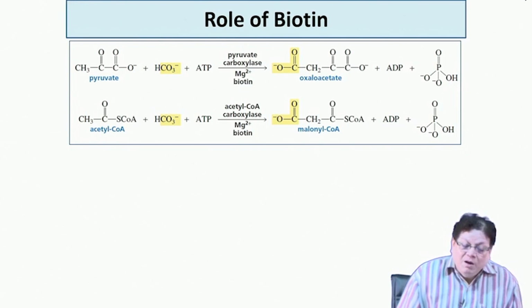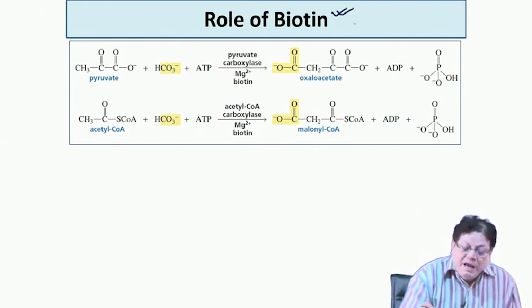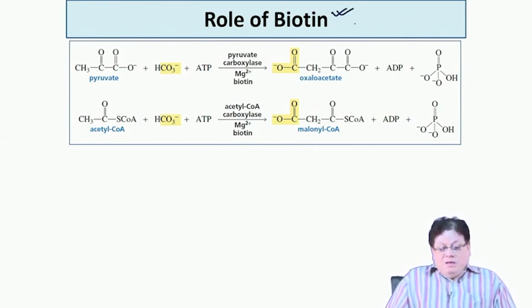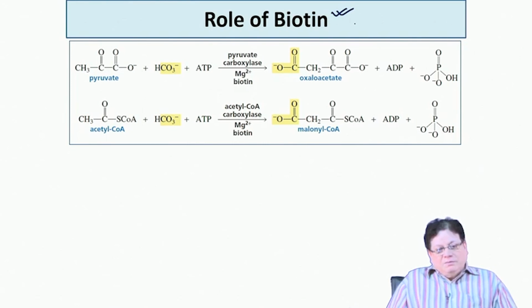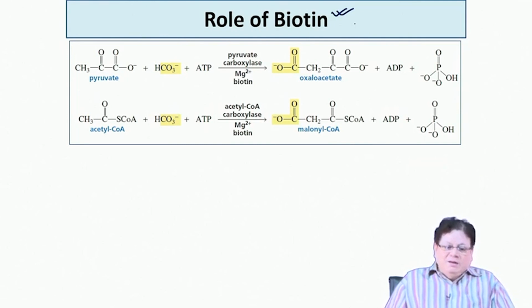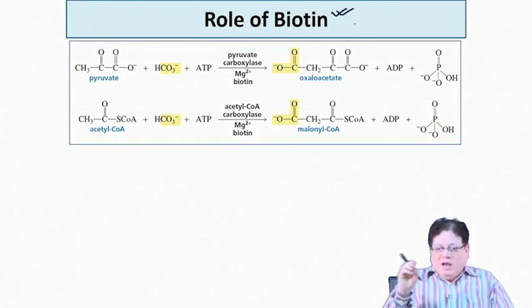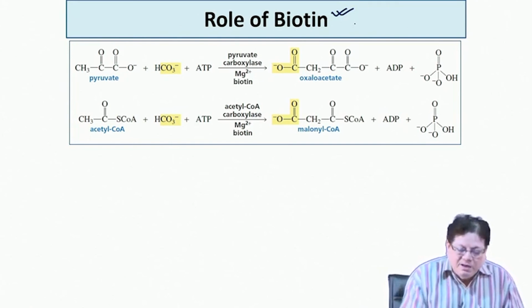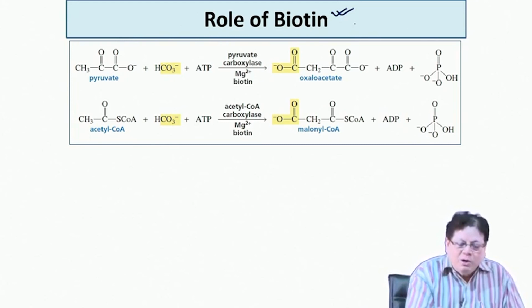Biotin does carboxylation, like vitamin K does, but the role of vitamin K is to form the alkoxide in presence of oxygen and remove the hydrogen from the gamma position of glutamic acid. That is a separate class. Now we are talking about biotin.